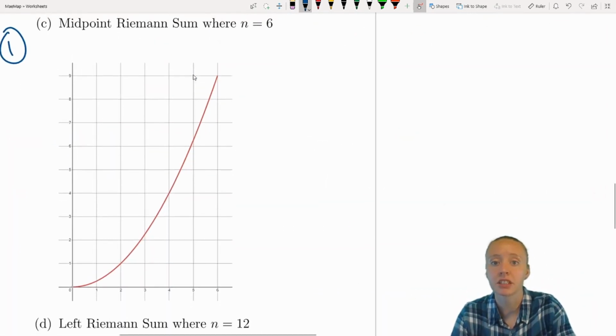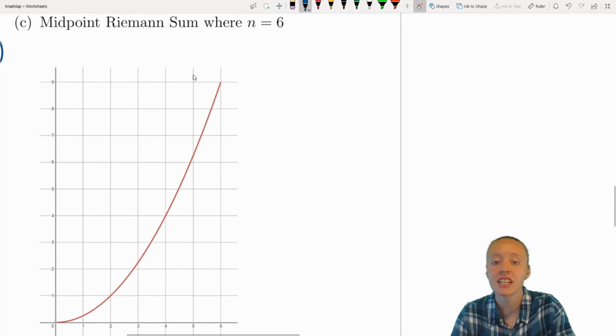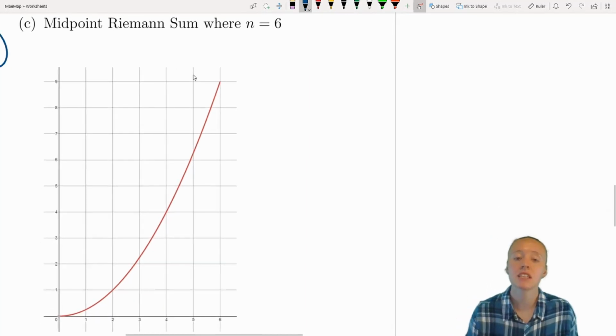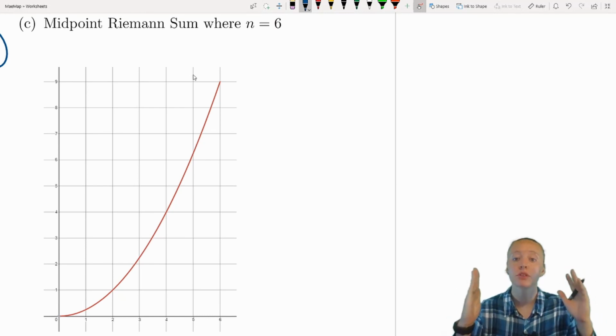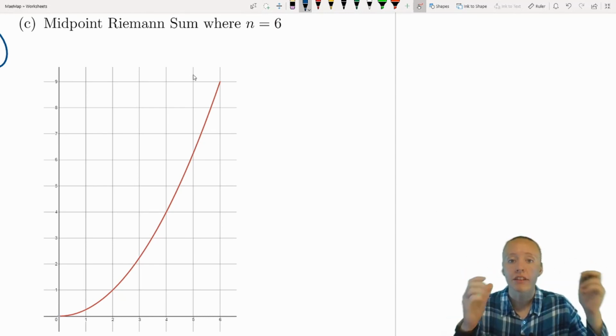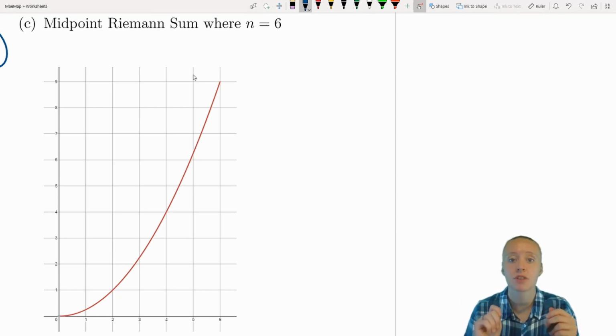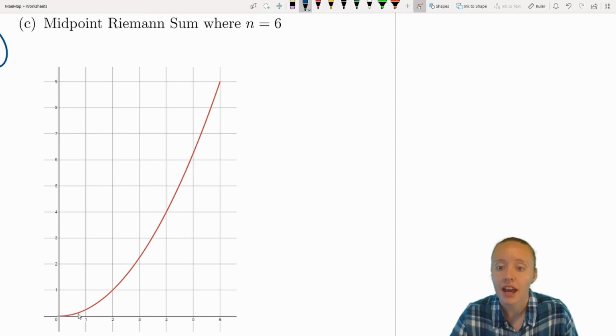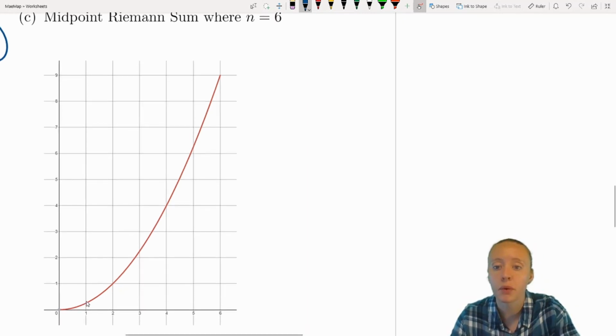Again, my subinterval of n is 6, and that means that my individual rectangles are going to have a width of 1, because if my interval goes from 0 to 6, that's a width of 6 for my interval, and if I want to split that up into 6 individual rectangles, that's a width of 1 per rectangle. And now I want my midpoint to intersect.